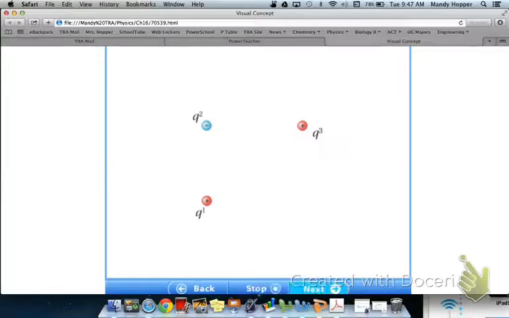First, identify the individual forces acting on Q3. Because Q3 and Q1 are both positive charges, they repel each other. The direction of this force lies on the same line that joins Q1 and Q3. Q3 and Q2 have opposite charges, so they attract each other. The direction of this force lies on the same line that joins Q2 and Q3.